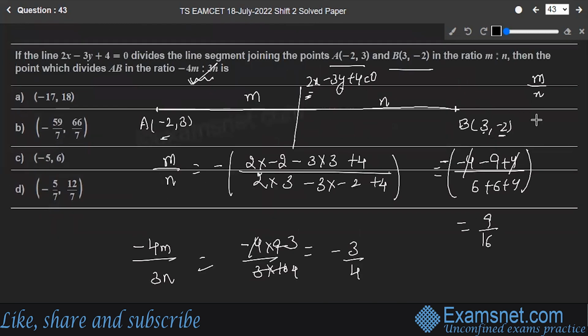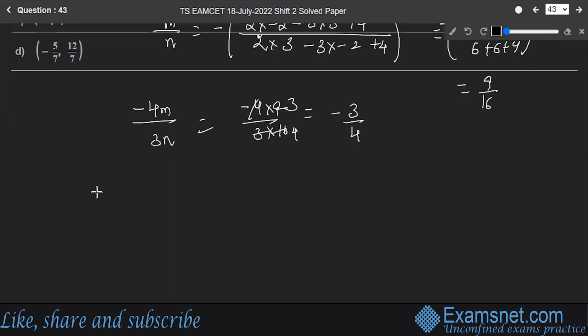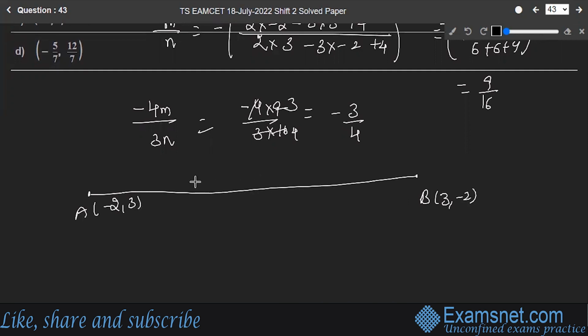Let's see what we had to find out. Then the point which divides AB in this ratio. Okay, now the point A was (-2, 3) and B point was (3, -2). And now the ratio is minus 3 by 4. Actually, this is dividing externally, okay? So I'll redraw it.